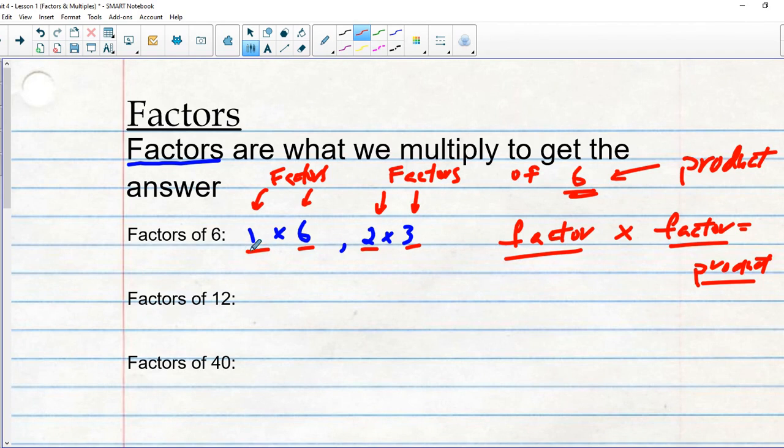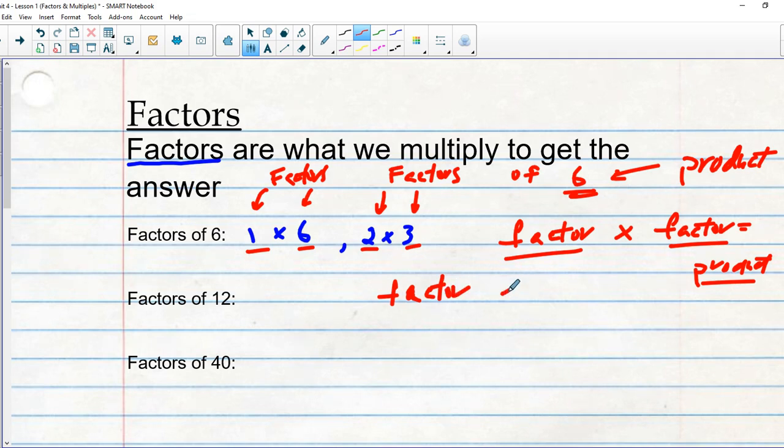Now, is it possible to have the same factor twice? Can you think of a number where both factors are the same? You see how here we have 1 and 6, and 2 and 3.